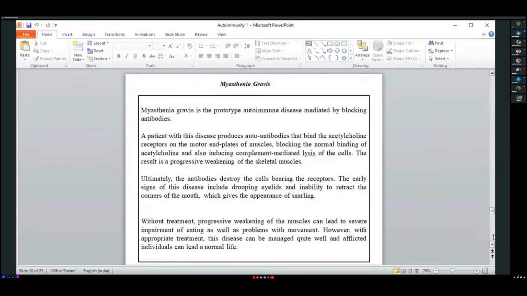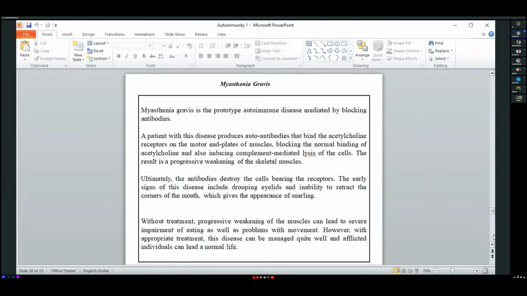Then comes another type of antibody-mediated autoimmune disease, myasthenia gravis. It has a different mechanism. It is mediated by blocking antibodies. A patient with this disease produces autoantibodies that bind to the acetylcholine receptors at the motor end plates of the muscle, so in the neuromuscular junction, these autoantibodies block the acetylcholine receptors.